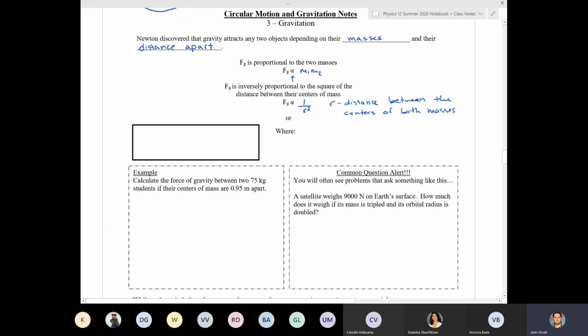So putting this all into a formula, you get Fg equals big G m1 m2 over r squared. This big G is a universal gravitational constant.